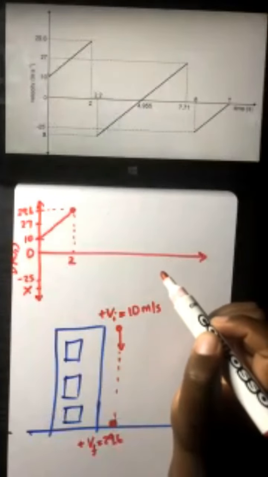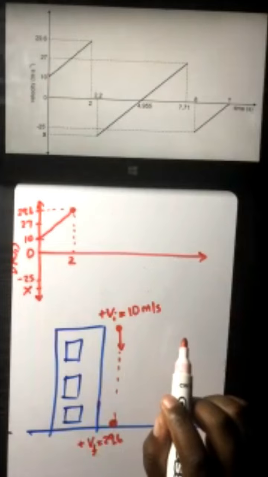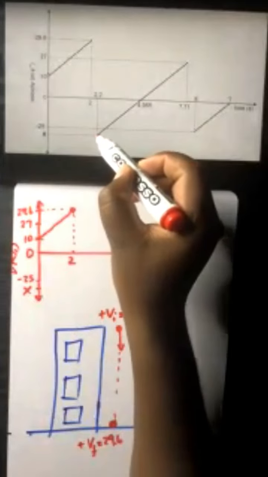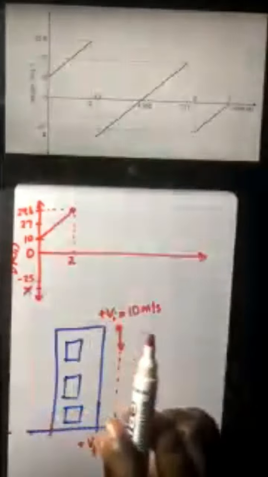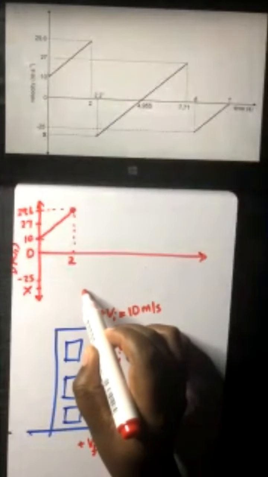So guys, now I need you to notice something. Can you see that line? It now starts on the other side of that axis. Can you see, Dimpo? It starts somewhere there.